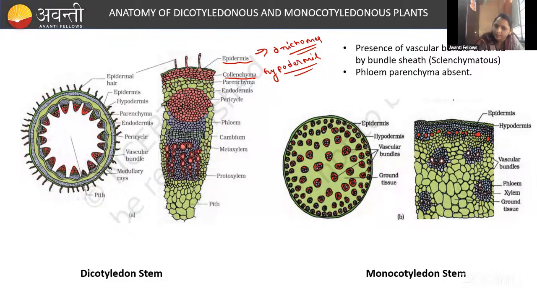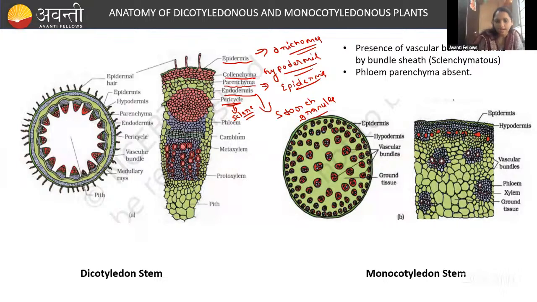After the hypodermis there is the cortex, consisting of parenchyma, then the endodermis, then the pericycle. Remember, guys, the endodermis is rich in starch granules. And the pericycle is mainly consisting of sclerenchyma.